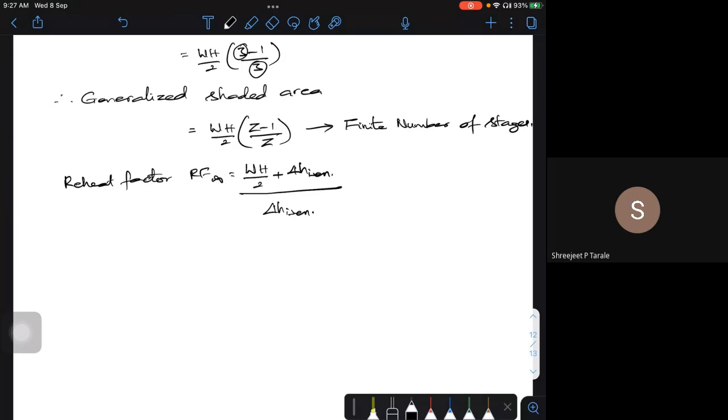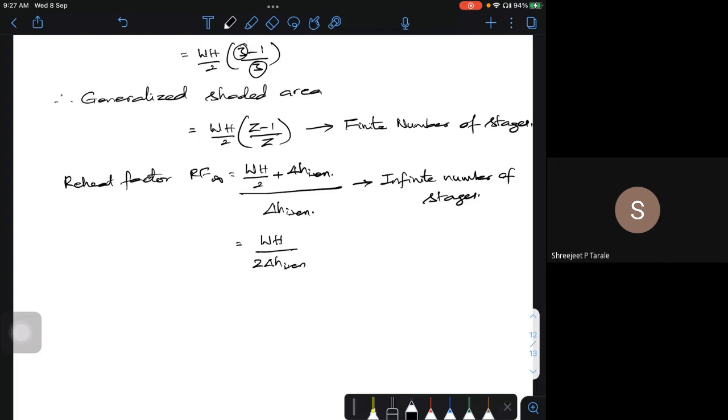Now, this is for an infinite number of stages. Or I can write WH by 2 times delta H isentropic. If I simplify, what will happen?